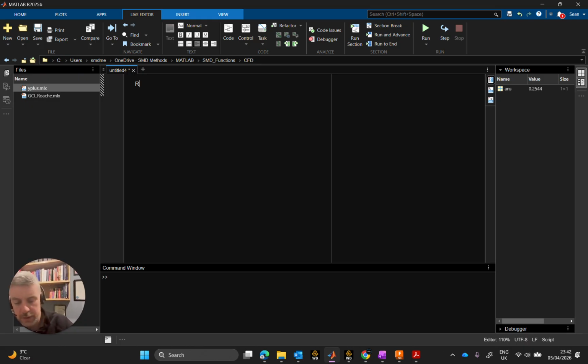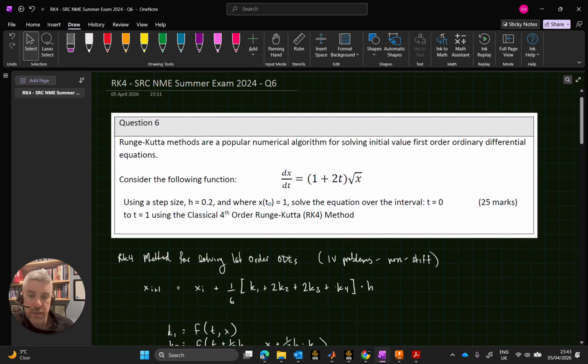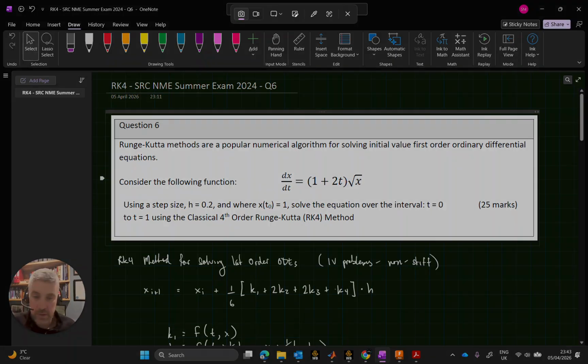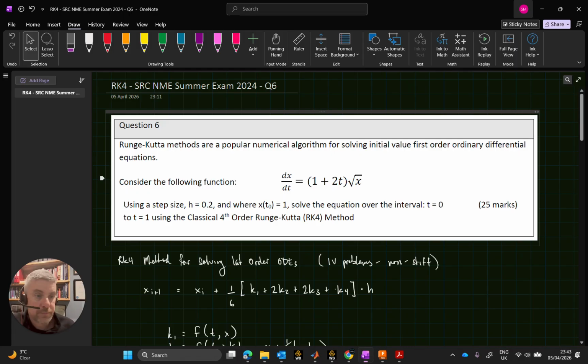So this is going to be RK4, and this is coming from Q6 of SRC, Southern Regional College, Numerical Methods for Engineers, Summer Exam 2024.